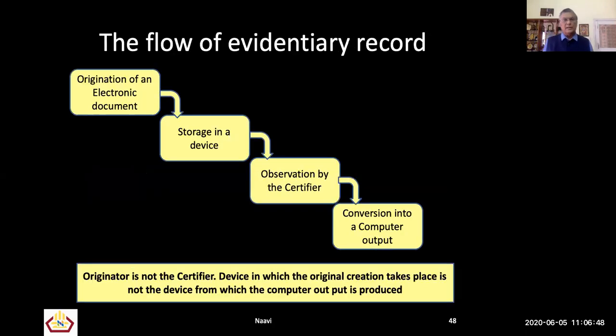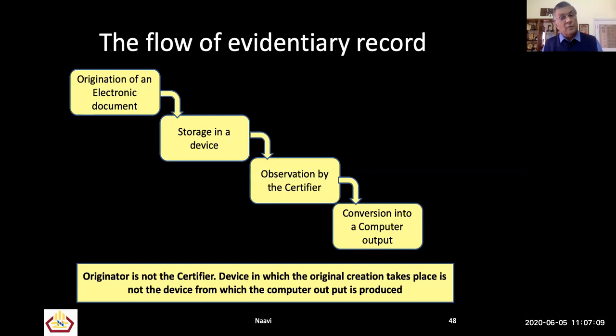I will skip over the actual sections, but this image should be entrenched in your mind: the original electronic document originates in one device. Subsequently, it may be stored in some different device also. It is first stored there, then copied.